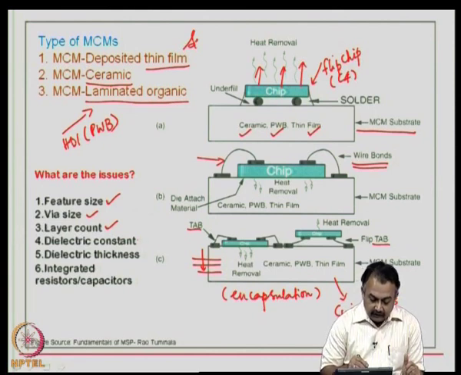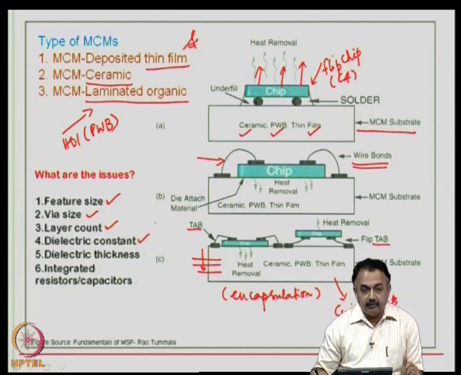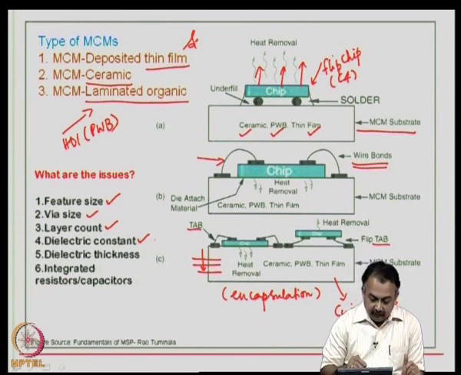The dielectric constant of the substrate becomes very important. You can play around with different materials. Different fillers can be used in the case of ceramic substrate as well as organic substrates. Dielectric thickness is again related to the process.